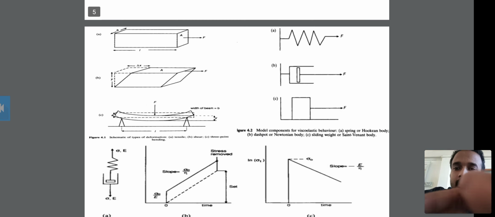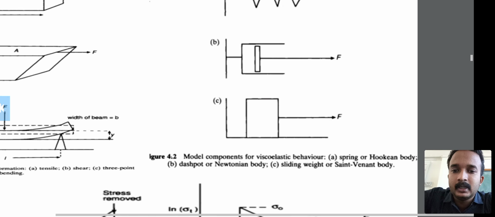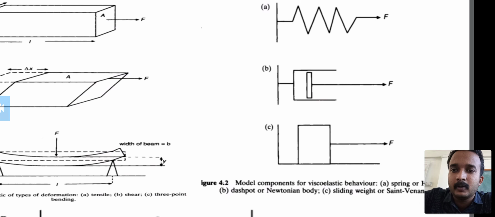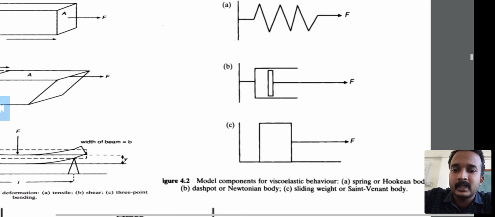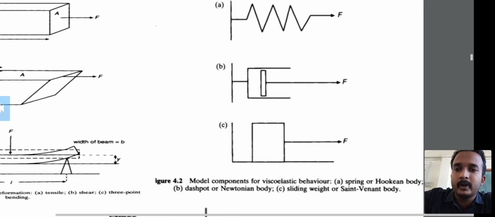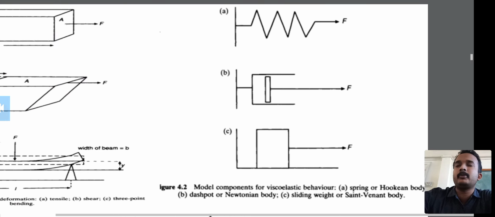Okay, this is the A diagram, which shows the spring of the Hookean body. Look at this A diagram, an example of this spring.